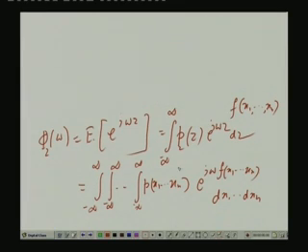Omega is common, there is only one omega now, that is the difference, because omega came from the characteristic function of Z, and Z was a single variable, so it has only one single frequency omega.